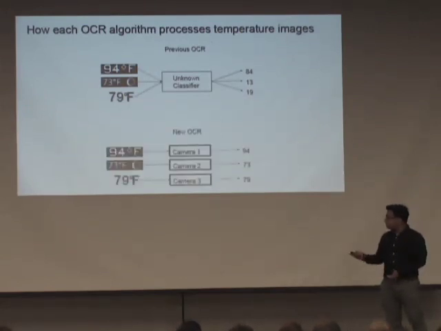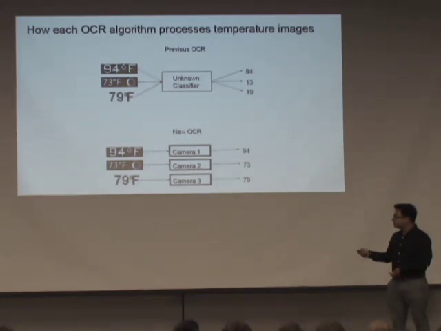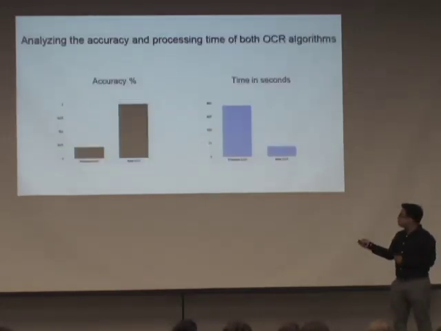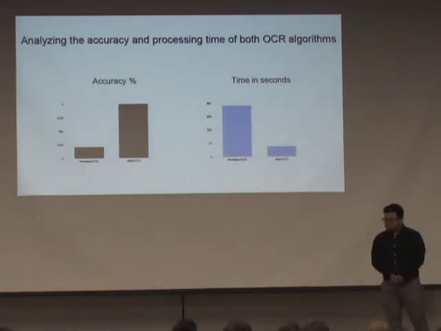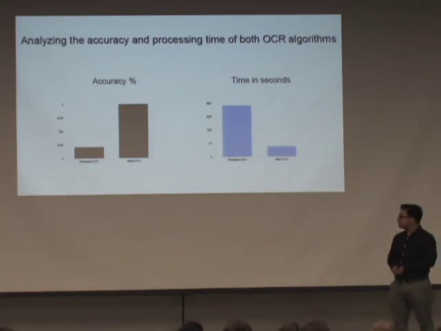However, my new approach is to take the OCR and have its data tailored to a specific font family. So each different font family is going to have its own separate data set that it refers to when comparing an unknown number. After analyzing the accuracy of the previous OCR versus the new OCR, I found some interesting results.